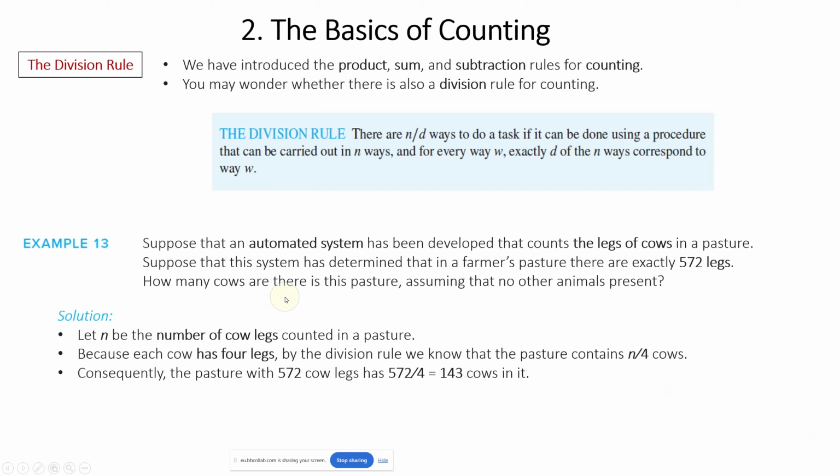When you have a number of ways that can be divided by the same number to count how many times this thing happened, we're just going to do the division, basically. I'm just trying to find a different way to read this, because if you read it this way, it's not very easy to follow.